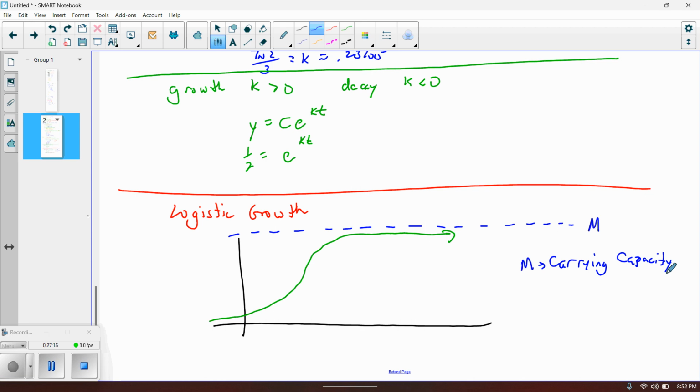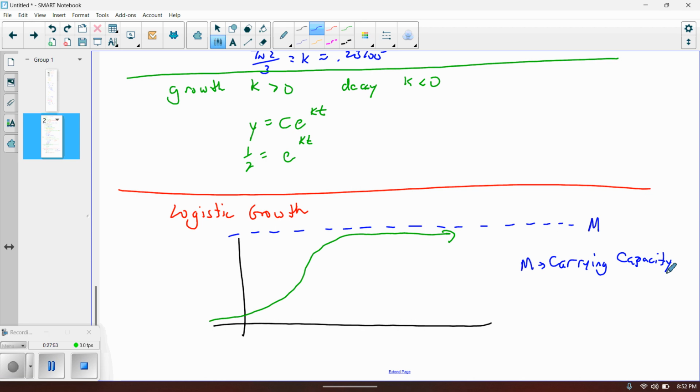There's a lot more that goes into this, but the idea is something will grow really quickly, but then because you've got some kind of limited resource, whether it's space or food or oxygen or whatever the things are that it needs to be sustainable, it's going to limit itself. So something's going to grow really quickly and then it's going to level off because you're running out of resources. That's the general concept behind a logistic growth model.